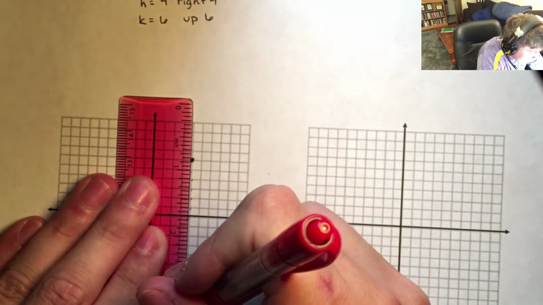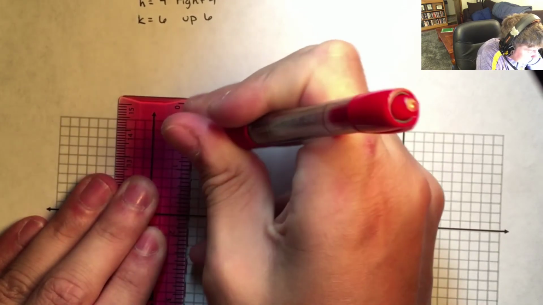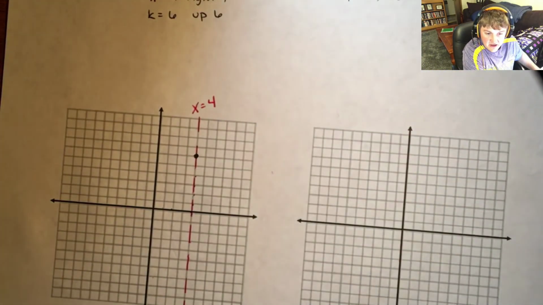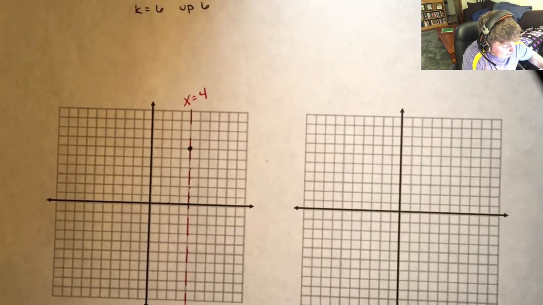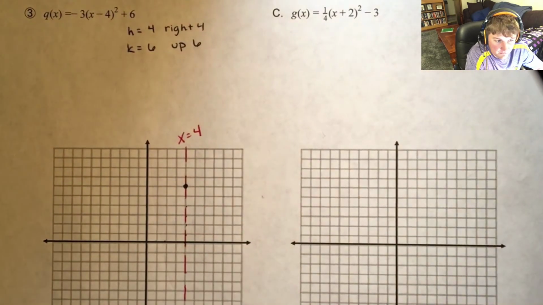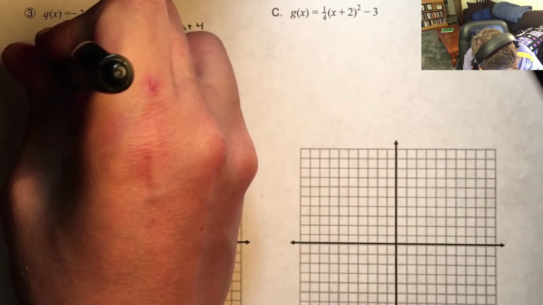Alrighty, and so now I'm drawing my axis of symmetry, which is the x equals 4 line here, because that's where my x values are. Okay, and then now I just have to pick x values close. It's a whole number, so I can just pick x values units of 1 away. So I'm going to start with x is 3.